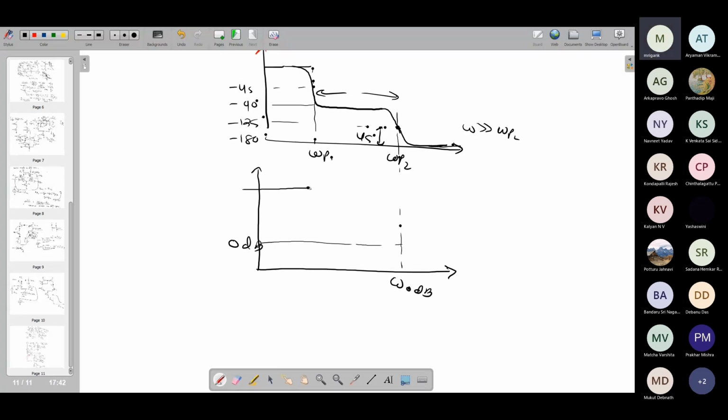What does that mean? That the second pole has not been encountered yet. The second pole is way beyond omega 0 dB.